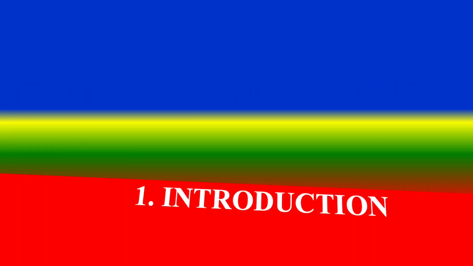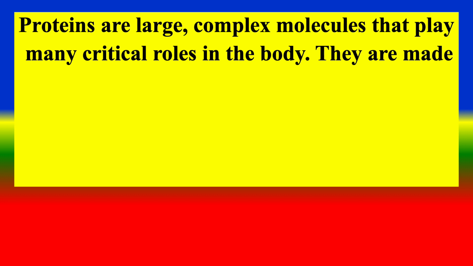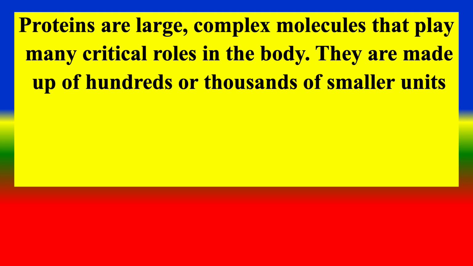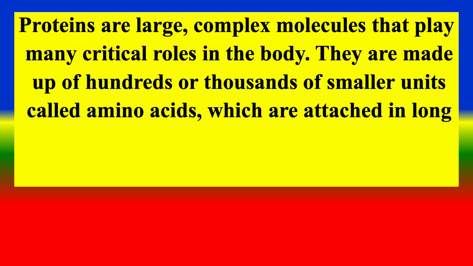Introduction. Proteins are large, complex molecules that play a critical role in the body. They are made up of hundreds or thousands of smaller units called amino acids, which are attached in long chains.